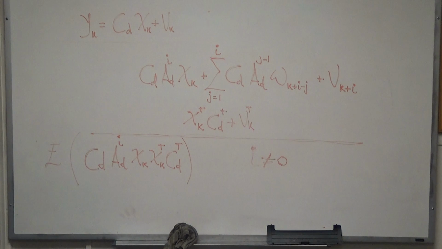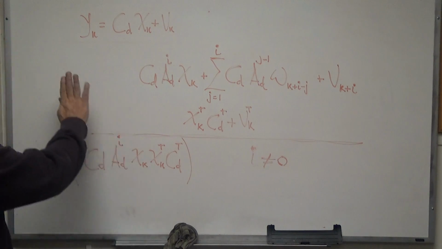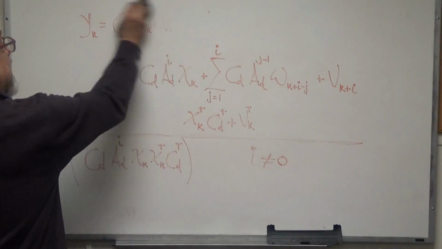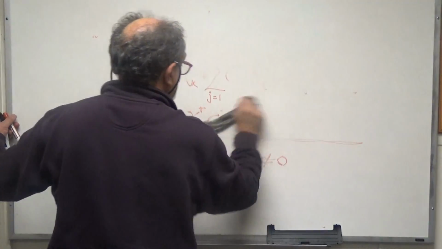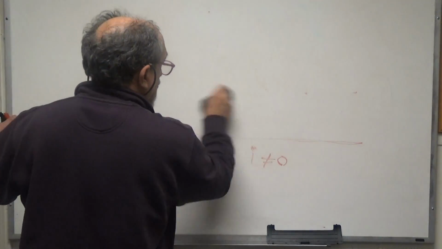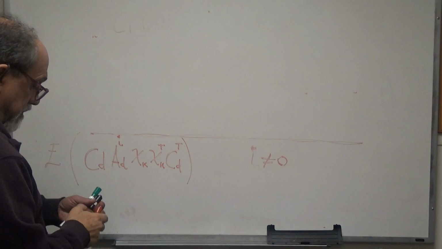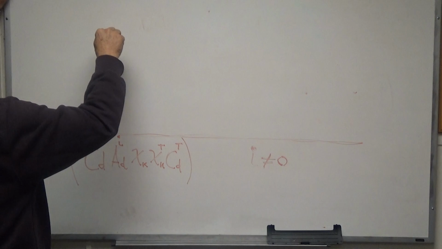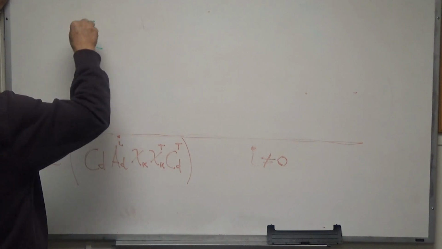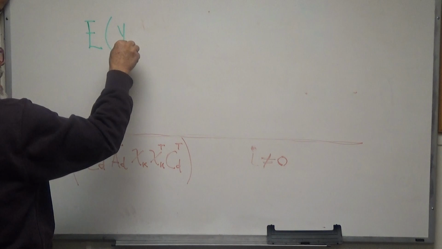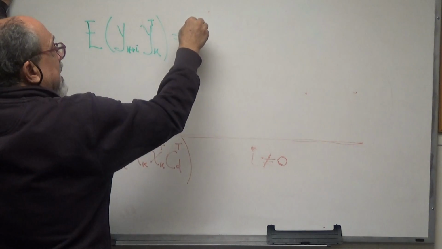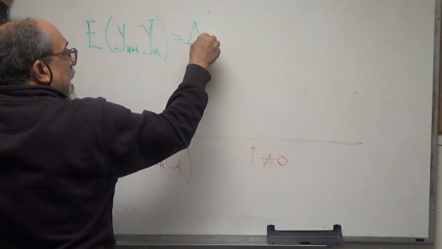The expected value of yk plus I and yk is this term, so I will write it here. The expected value of yk plus I times yk transpose, we're going to give that the name delta sub I.